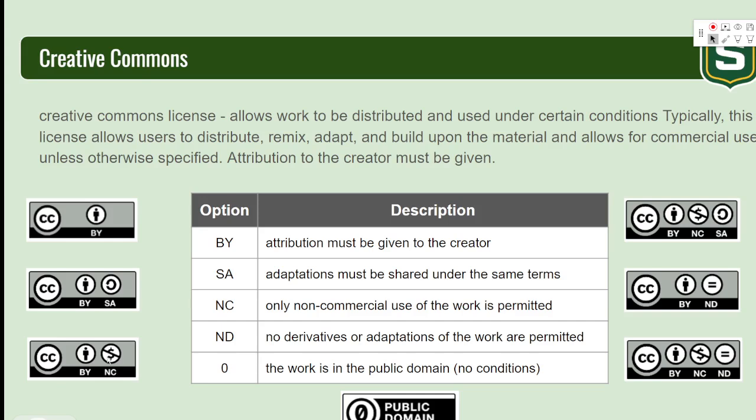If you see the little money symbol with the line through it, that means you are allowed to use this except for commercial use. In other words, you cannot make money off of this work. ND, the equal signs, means you are not allowed to change the work at all.